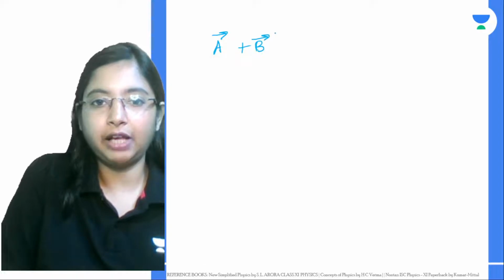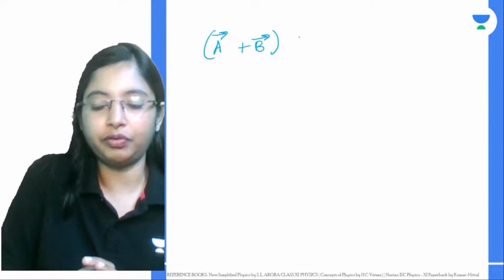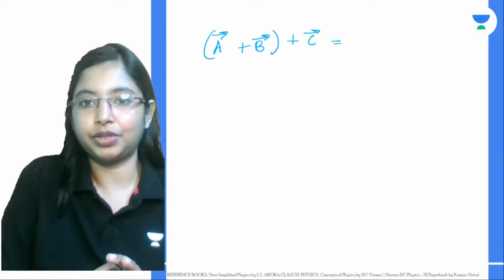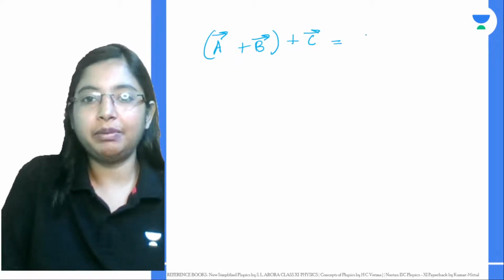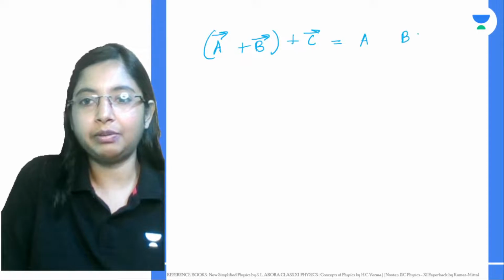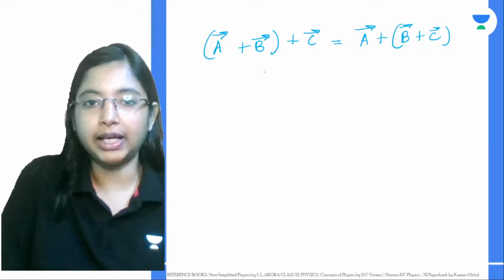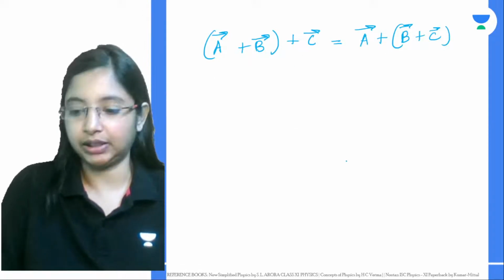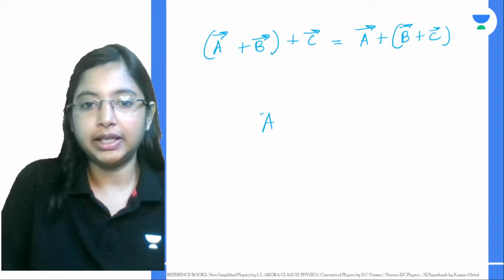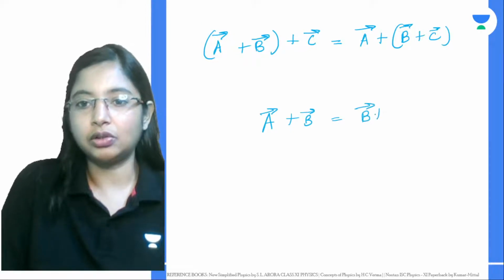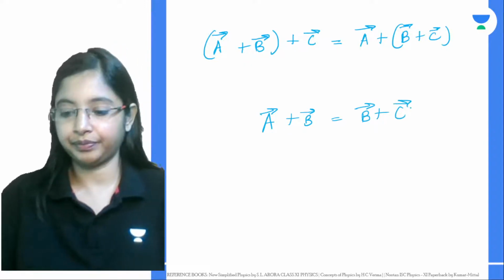If you add two vectors and then add the sum of these two with the third vector, whatever effect this produces will be the same as first adding B vector and C vector, and then adding the result with A vector. These would still produce the same effect. So vector addition is commutative as well as associative.